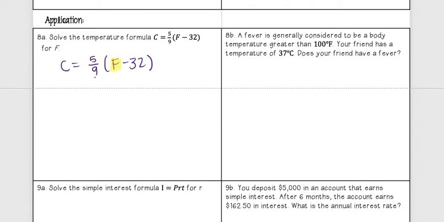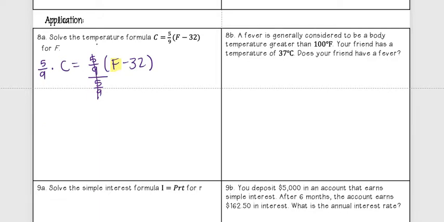So I could go ahead and just divide out 5/9 from both sides. So divide by 5/9. Well, what happens when we're doing division? Well, I flip my fraction, and then change to multiplication. So I flip this and change to multiplication.